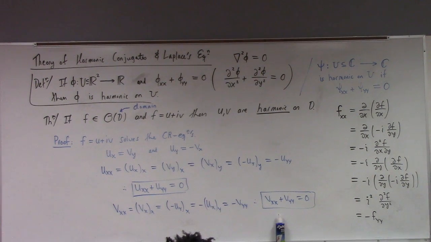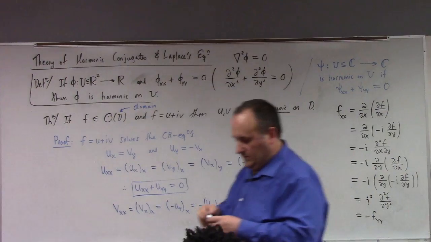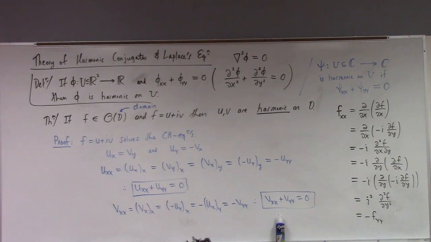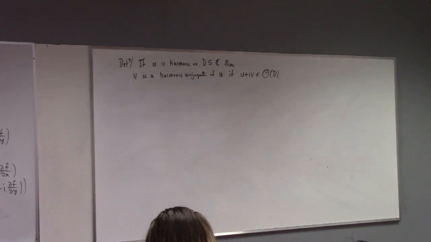If U is harmonic on a domain D, which is some subset of, say, the complex plane, then V is a harmonic conjugate of U if U plus iV is a holomorphic function on D. So a harmonic conjugate is a function that, when you put it together with the harmonic function you're given, you get a complex differentiable function.